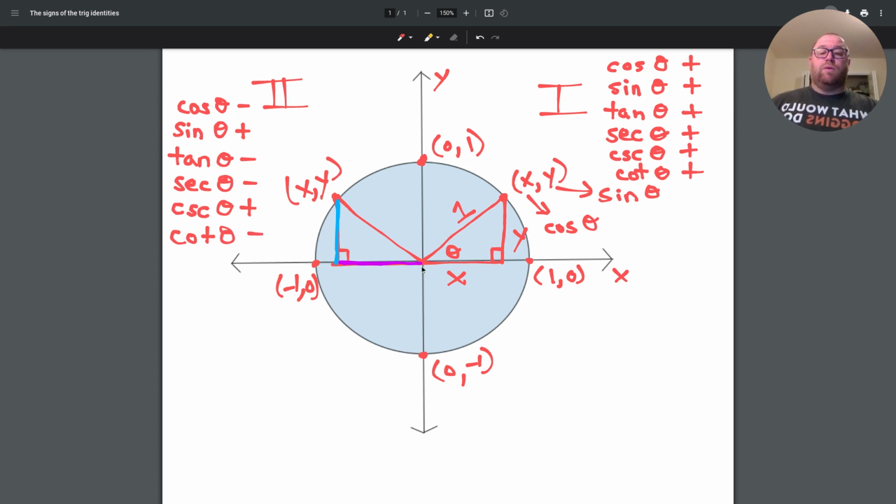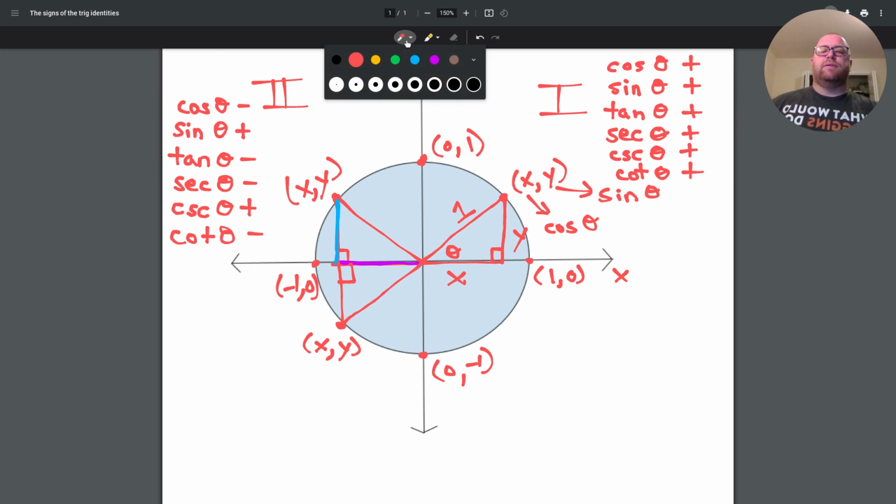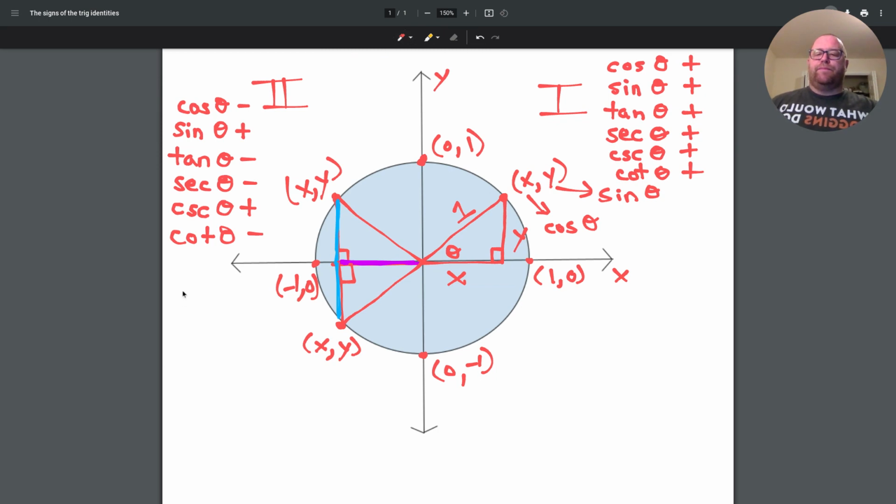Okay, moving to quadrant 3, let's draw out another triangle here. We've got our x and y here. In this case, x is still negative if we go along here, and y is now also negative. So both the cosine of theta and the sine of theta are going to be negative.